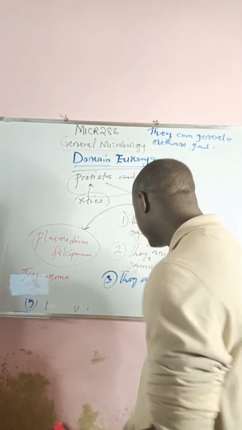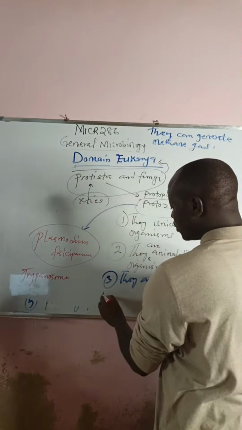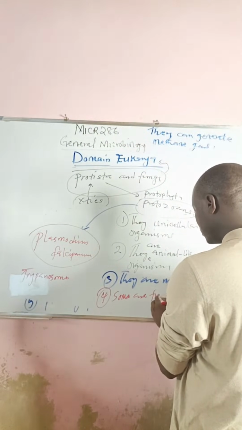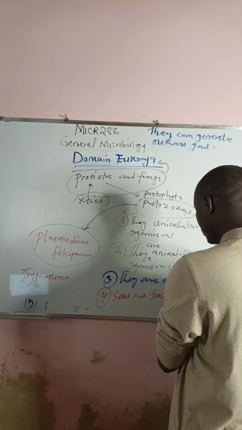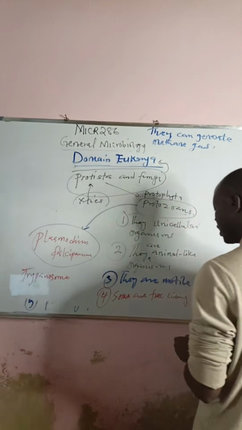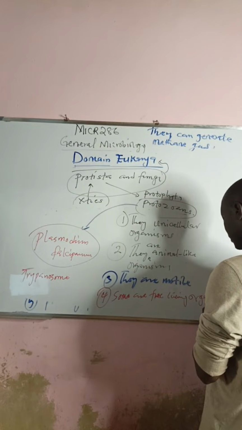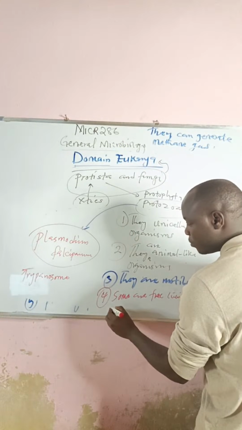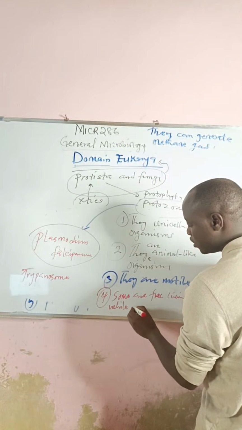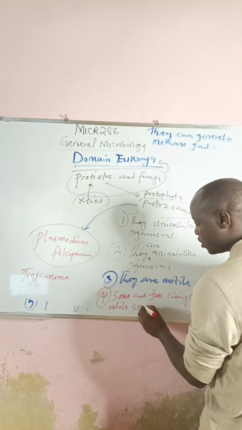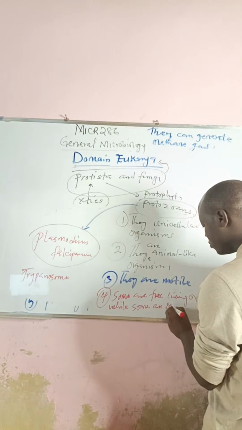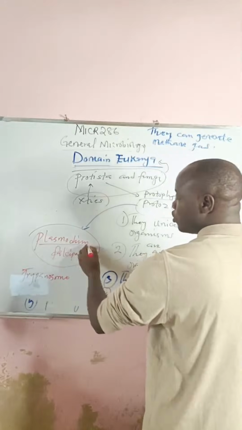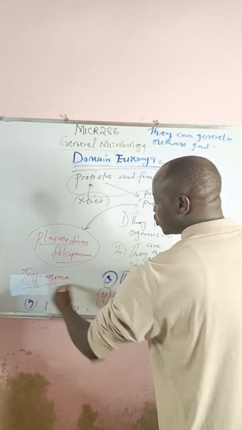Some are free living organisms. That is number four. Some are free living, meaning that they are safe. They don't cause any harmful effect. While some are pathogenic, meaning that they can cause disease. Like Plasmodium falciparum is pathogenic. Trypanosome is pathogenic.